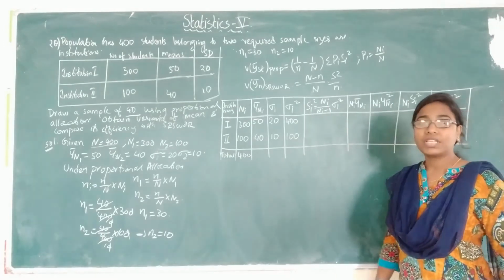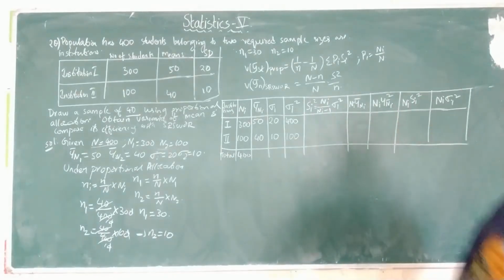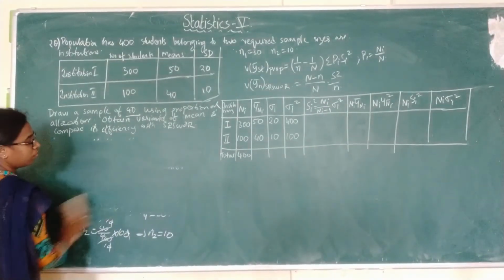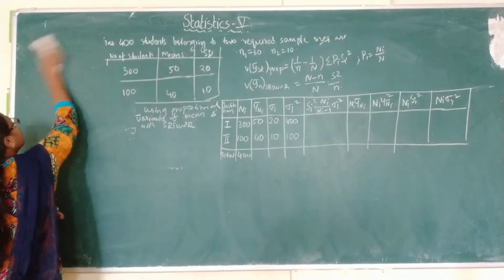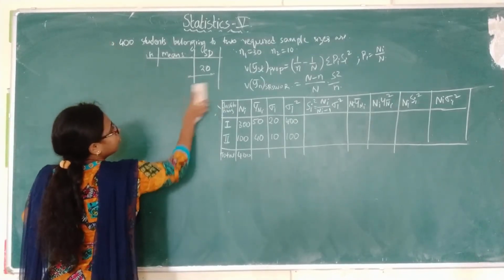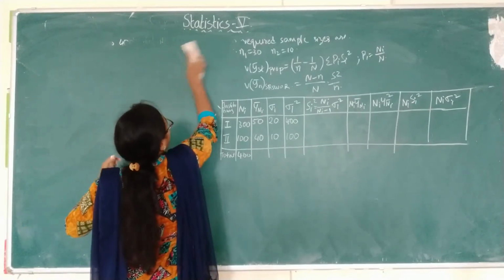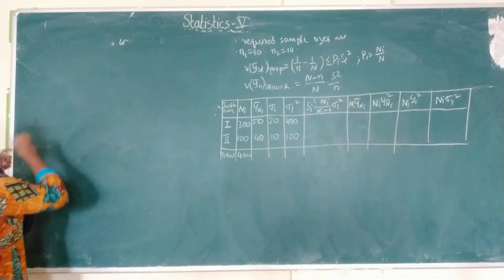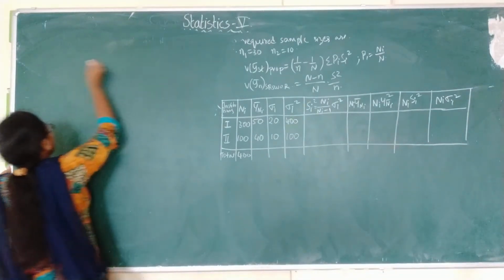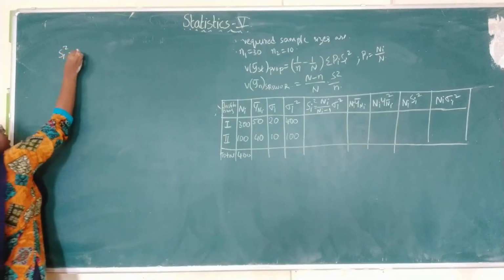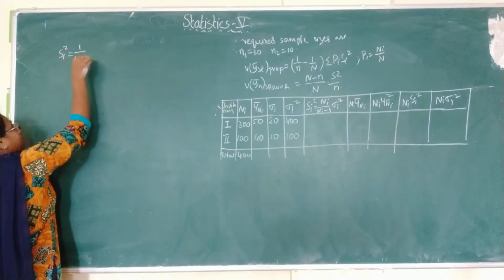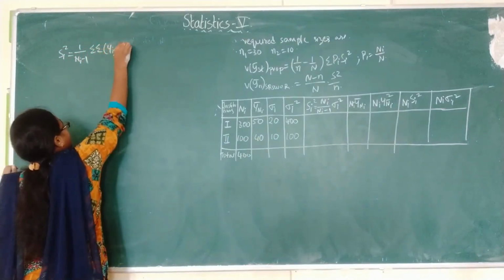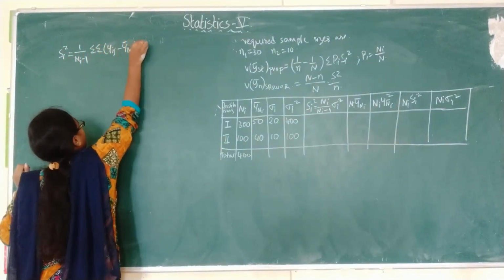Let's see how we get this Si square formula. Generally, Si square equals 1 by Ni minus 1 double summation Yij minus Yni bar whole square.